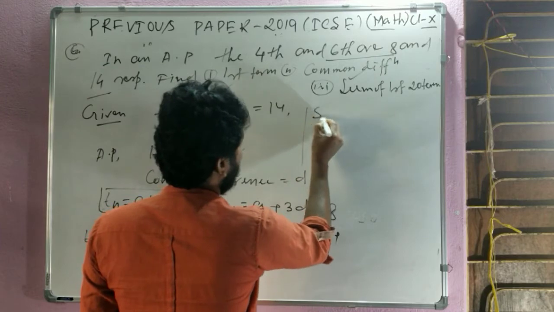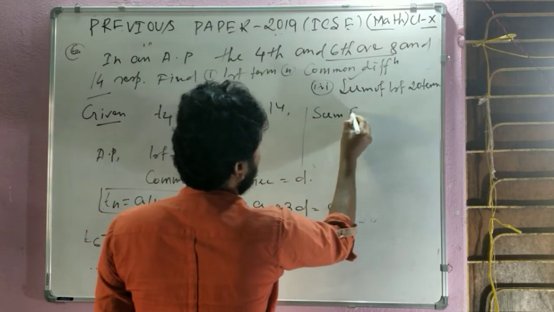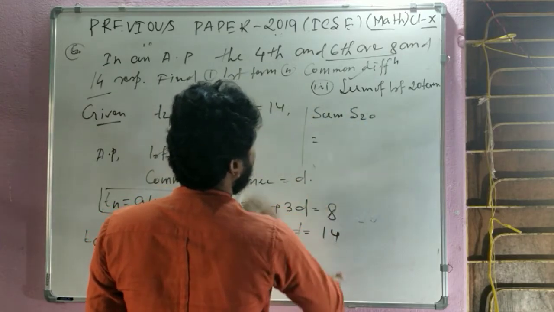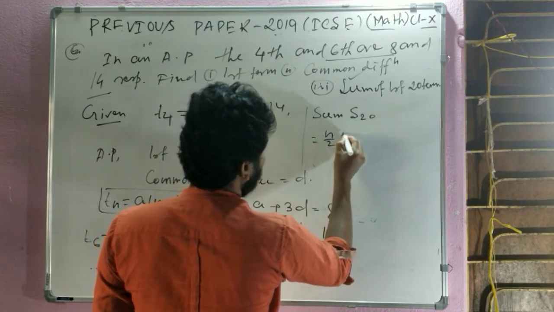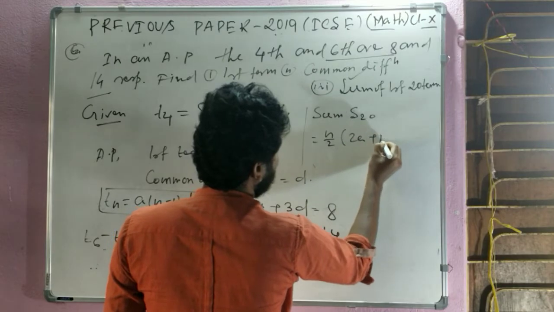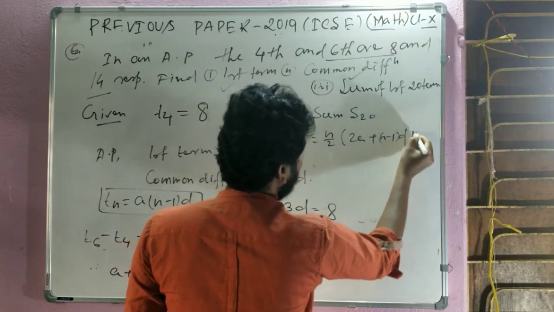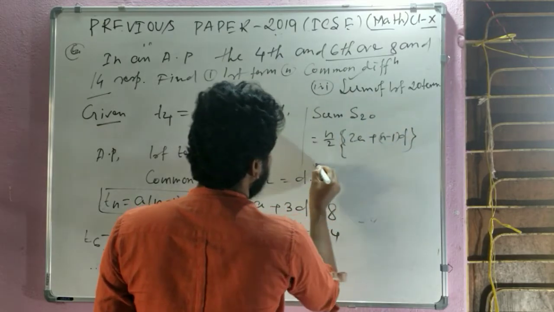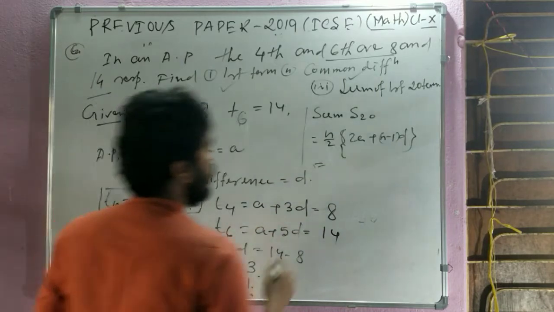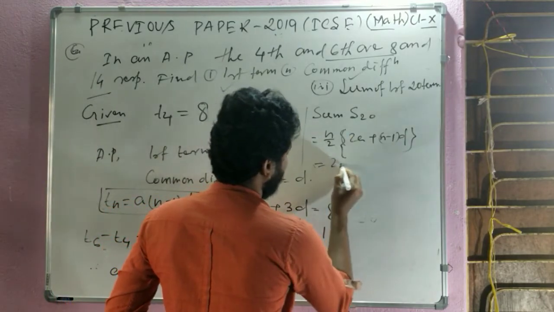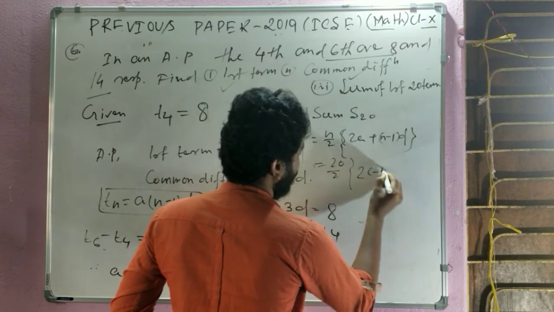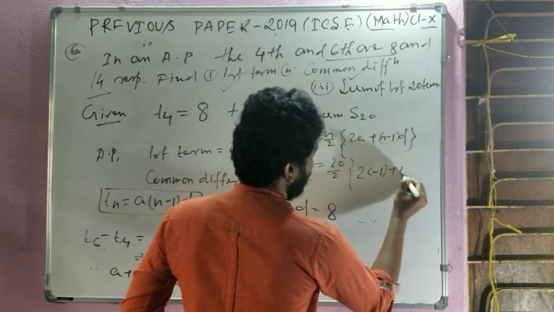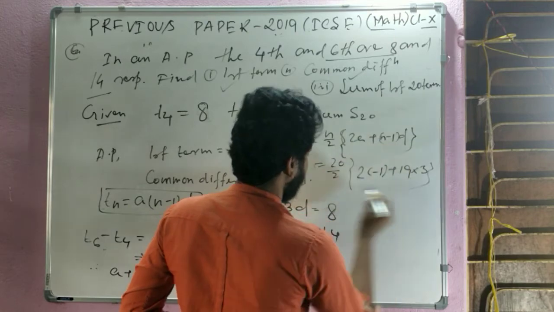Next, find the sum. Sum S20 equal to the formula n by 2 into 2A plus n minus 1 into D. This is the sum S20. Sn, n means 20 by 2, 2 into A minus 1 plus n means 19, D means 3.